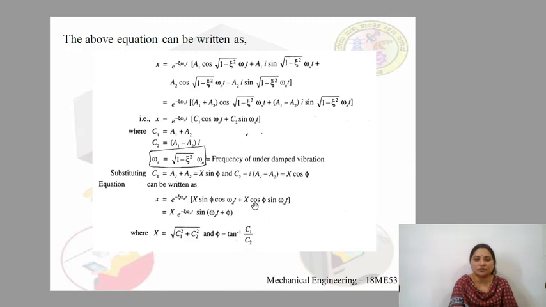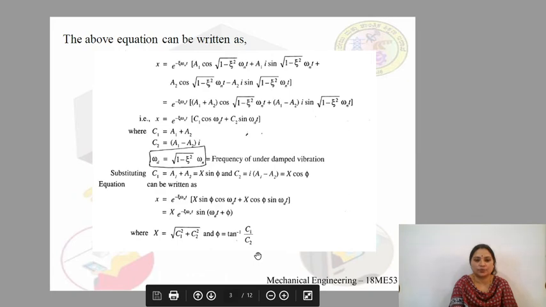Here in these two terms, when we observe carefully, we can see that it is in the form of sin A plus B. So X is a common term and is taken outside: x equals X e to the power of minus zeta omega n t sin of omega d t plus phi. And here in the above equation, X is equal to square root of C1 square plus C2 square, and phi is equal to tan inverse of C1 by C2.